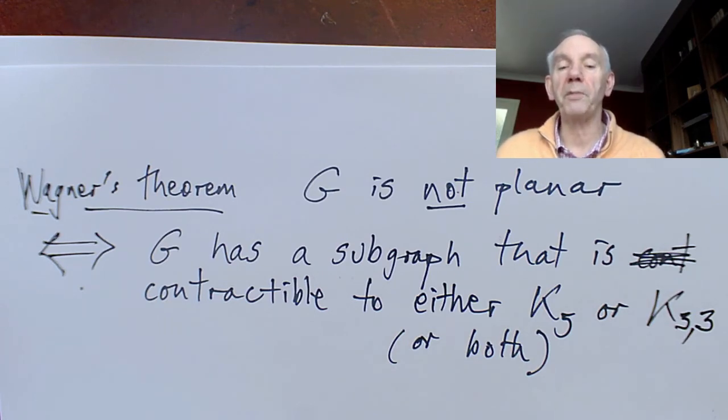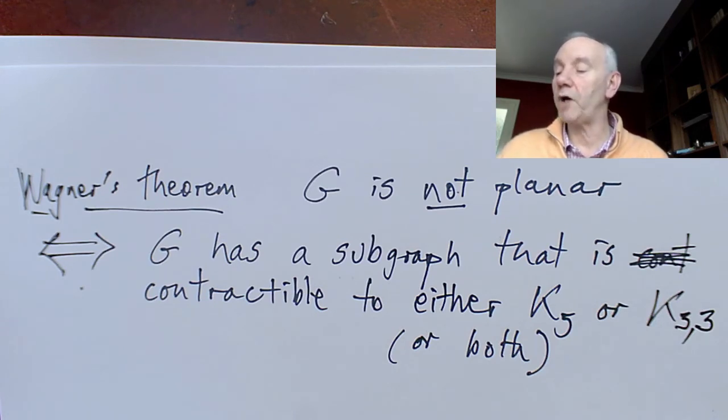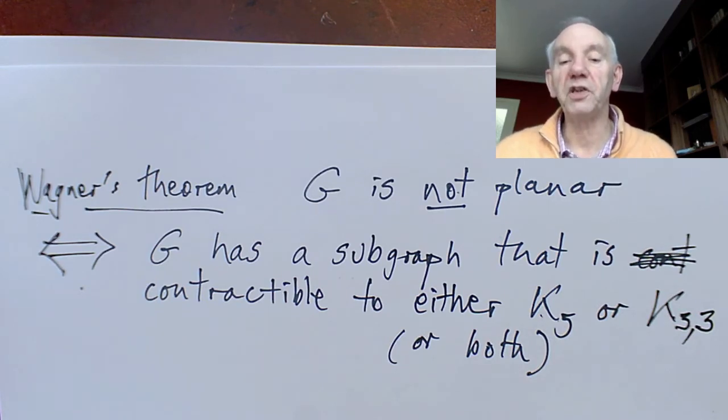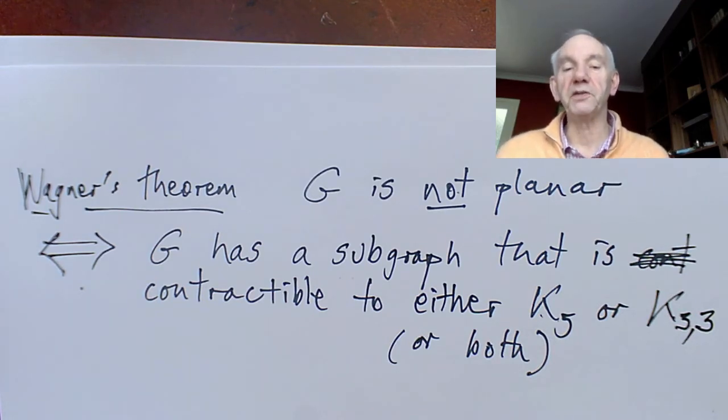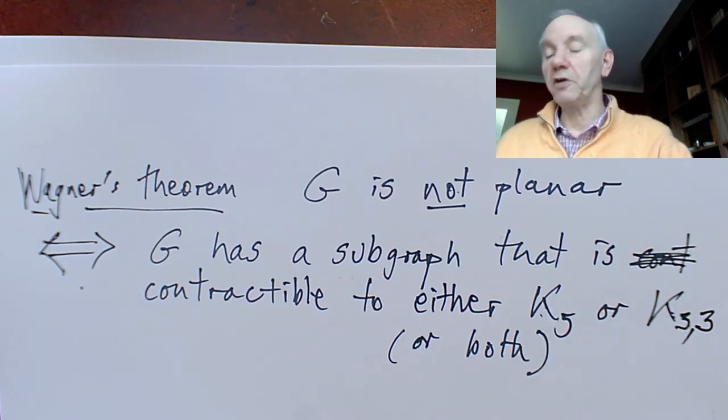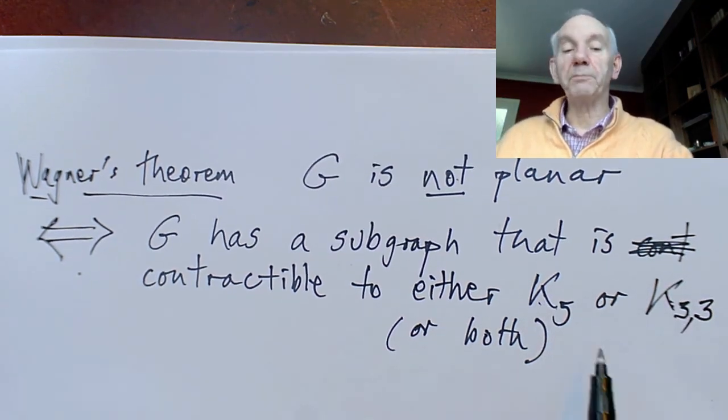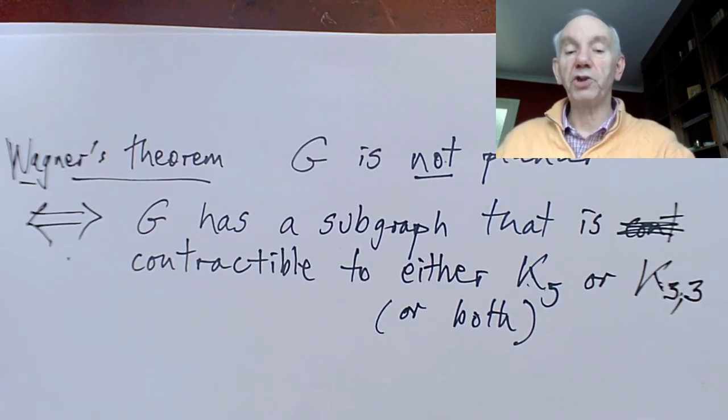So if you think of being not planar as being like a disease, somehow you will always find one or other of these nasty graphs present. That's what these two theorems tell you. Or if you think of being not planar as an attractive feature because it means the mathematics is more complicated, being not planar is signalled by the presence of one or both of these subgraphs in some sense within the original graph G.